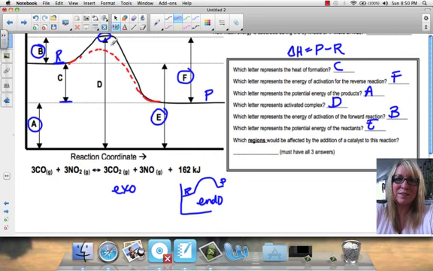So things that will be affected are B, because now B is only from here to here. F, because now F is only from here to about here. And D is also affected because now the potential energy of the activated complex is lowered. So we've got B, D, and F.